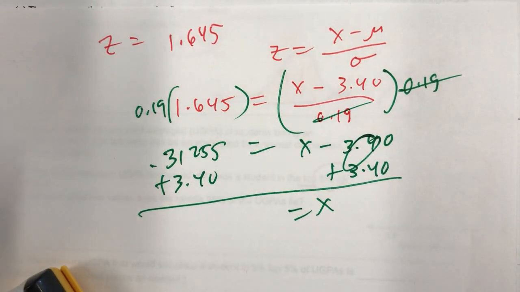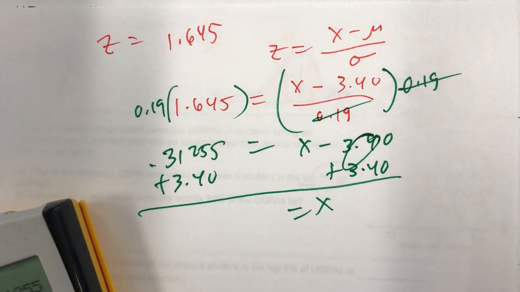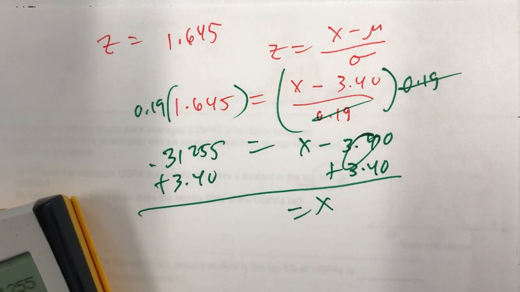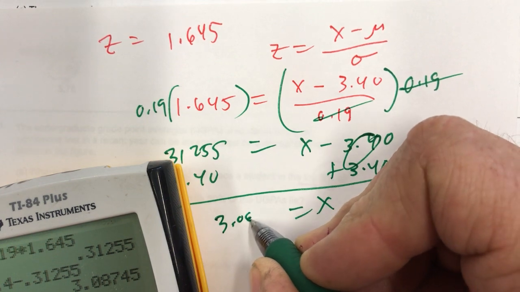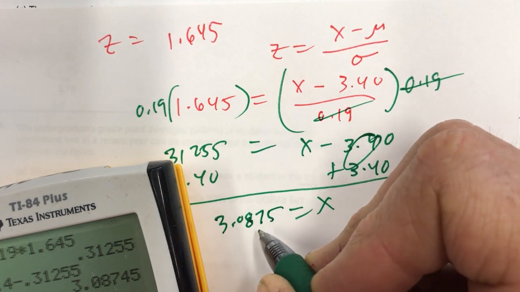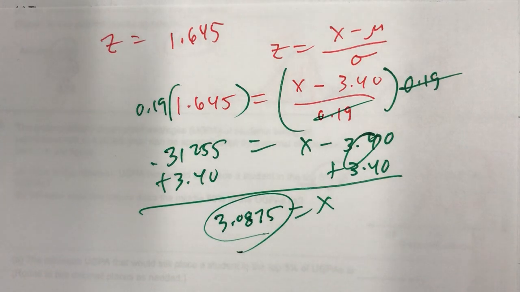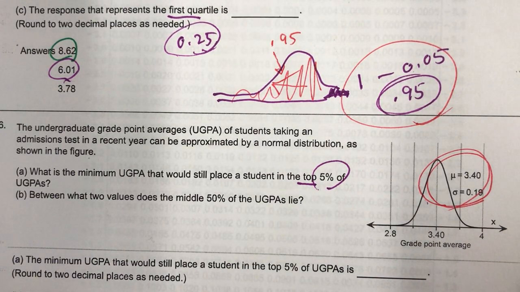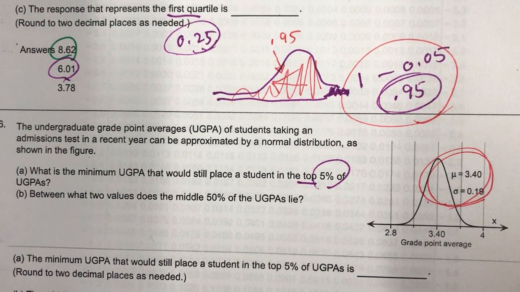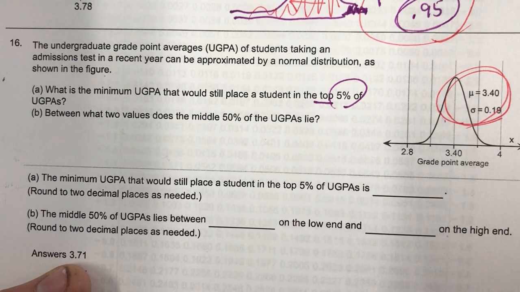So this is going to be 3.0875. So we didn't get that. The answer is 3.7. So let me look and see if I did something wrong here.